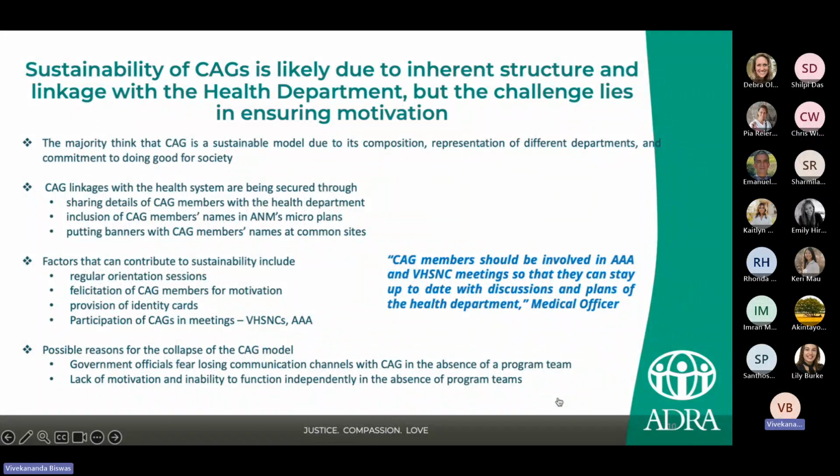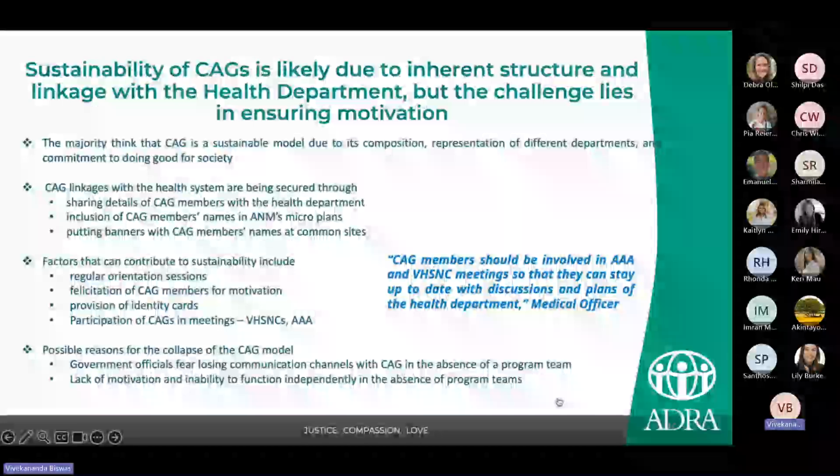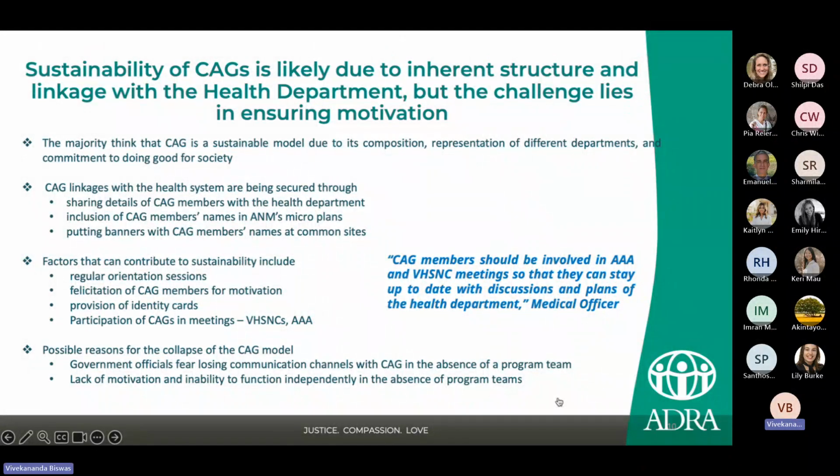they think so. The good thing is that we found in our study that the majority of the respondents think that the CAG is very much sustainable. The CAG model is very much sustainable due to its composition.